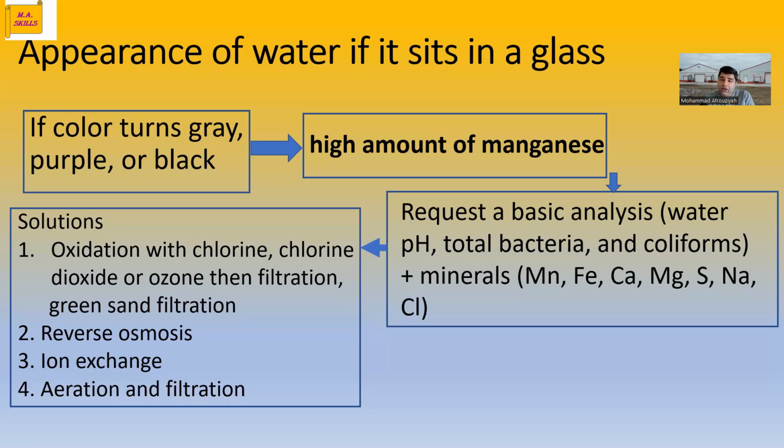Then you can get rid of the extra manganese in your water. Or you can use reverse osmosis, ion exchange system, aeration and filtration. So these are some solutions if your water is confirmed to have a high amount of manganese.